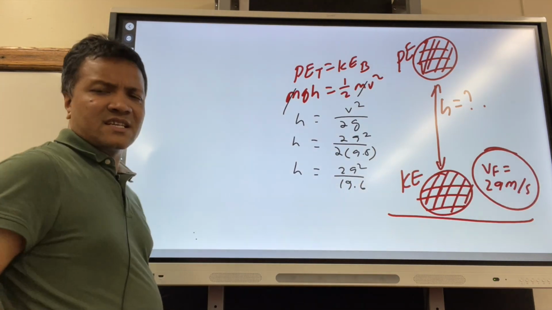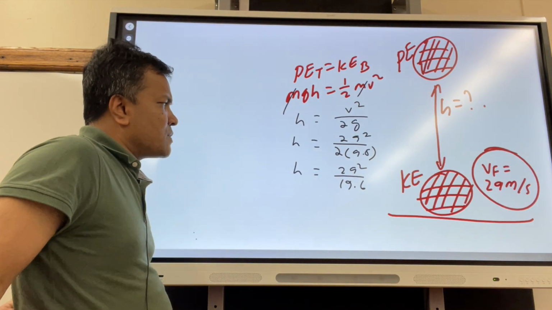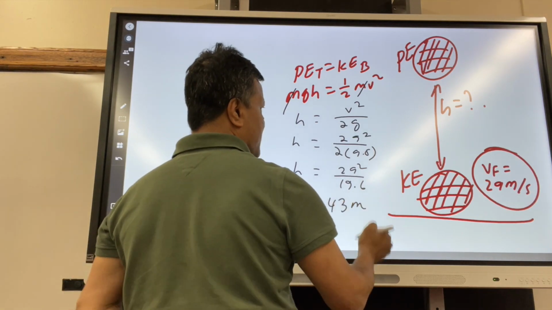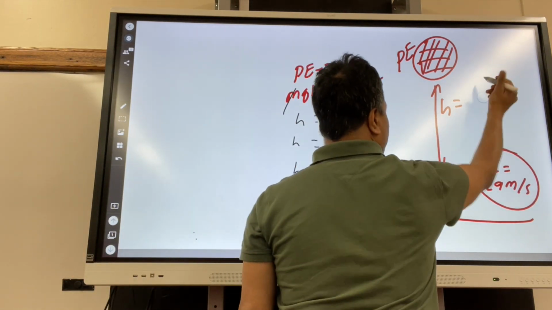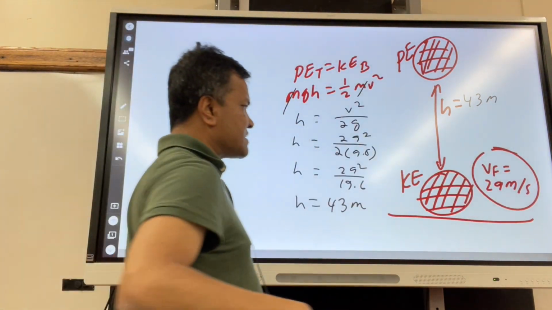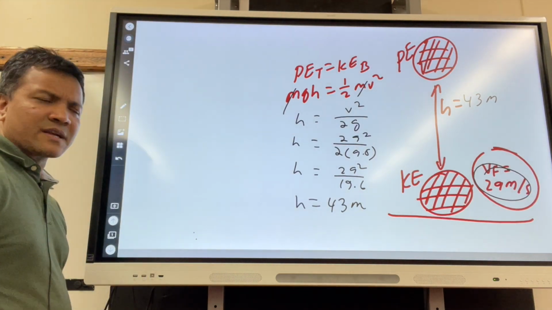So let's say 600 divided by 20. All right, 600 divided by 20, which is about 43 meters. So this h, you drop it from 43 above the ground so that it accumulates 29 meter per second velocity before it hits the ground and breaks.